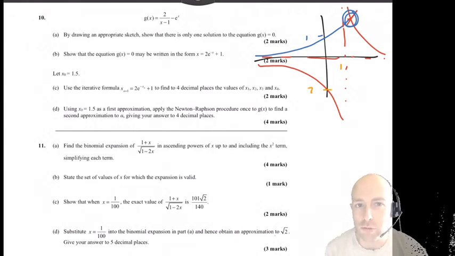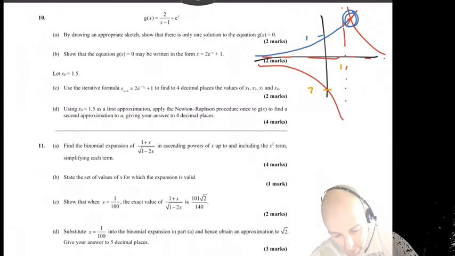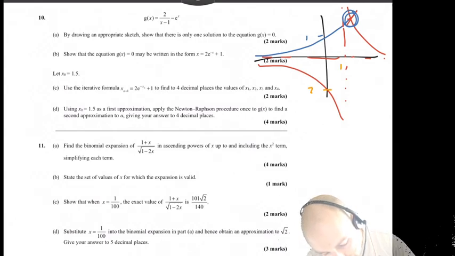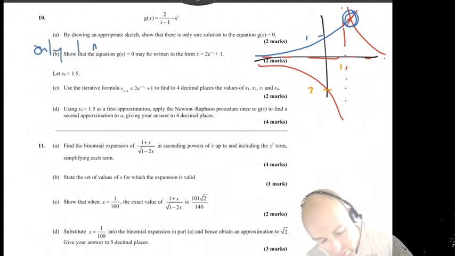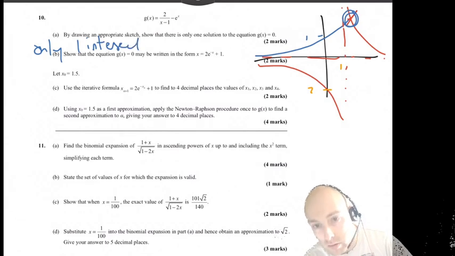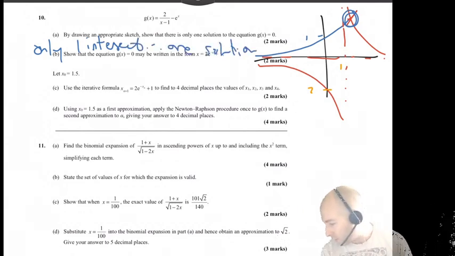Yeah, so draw your sketch, only crosses in one place, and then say as well, you need to state this, it intersects only one intersect, therefore one solution. So that's what we need to do for the first bit.